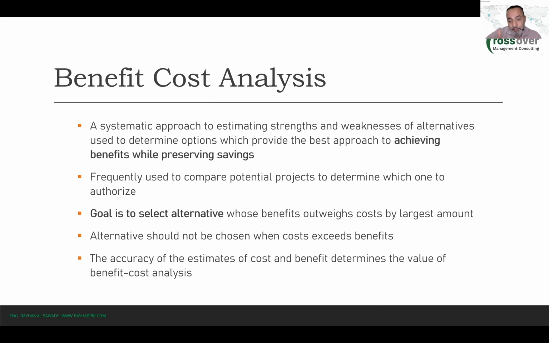Again, if you have more than one alternative, then you always select the better benefit over cost ratio. And again, you probably need to find a way to measure the benefits. If they are not tangible, you need to find a way to measure them so you can compare them with the cost and select the better benefit over cost ratio.